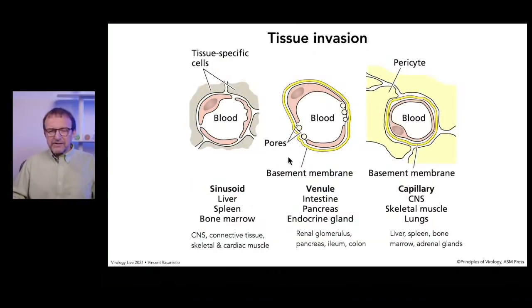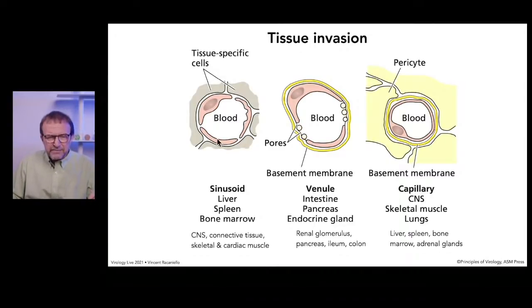Let's talk about how viruses then invade tissues. We've talked about viruses spreading in the blood, right? Now, how does it get out of the blood into tissues where it's going to reproduce? Here we have 3 scenarios for that. We have this scenario on the left, which is in a sinusoid. So this is the situation in the liver, the spleen, the bone marrow.